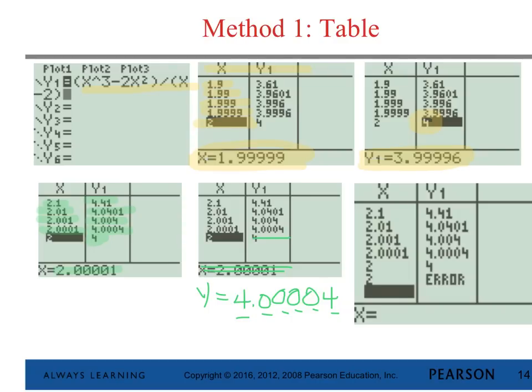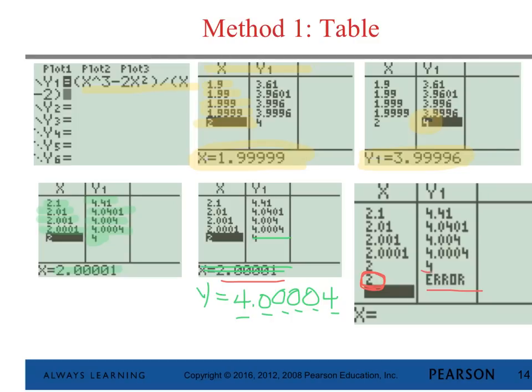Now, this last one is the most important one for you to actually use. I want you to put in x equals 2. I want you to type in a 2 in the x column. And notice that when you type in 2 in the x column, not 2.00001, when you type in the value 2, it gives you an error message. And that's because it knows that the actual expression is undefined if you let x be exactly 2.